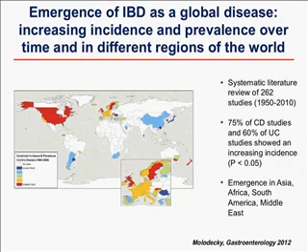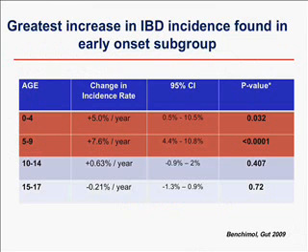And I go around the world, I talk to my colleagues all over the world, and no matter where I go, people talk about these diseases popping up. And it's very interesting that the group of people that may be most susceptible to these diseases in the increasing incidence are the children. This is a very interesting paper showing the kids in the first 5 to 10 years of life are the ones that are showing the greatest increase in incidence.